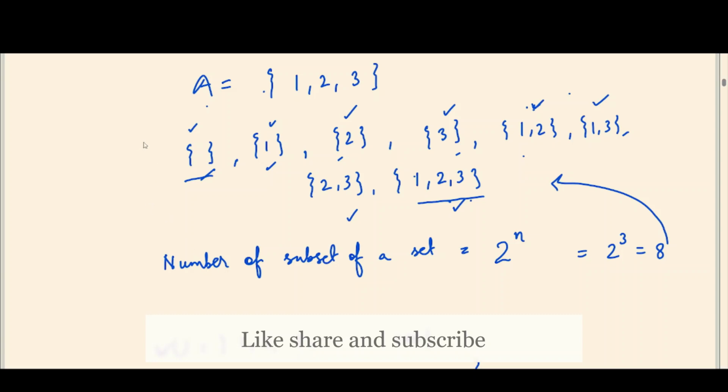So if I make a curly brace and write this inside the curly brace, this is called the power set of A. Just like previously I had written, these are all subsets.